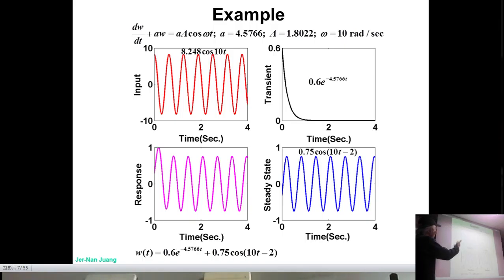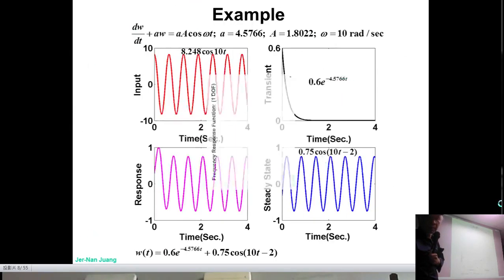And then I have a transient response because I have A, given the A there, 4.5766. So my transient response will be 0.6 e to the minus 4.5766t. I did not show you the initial condition yet.